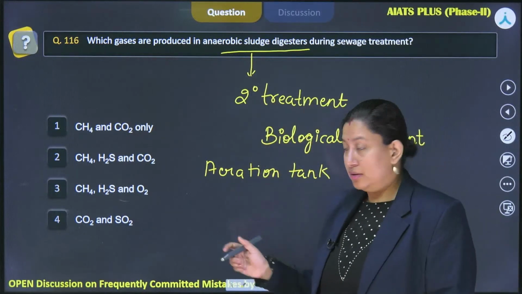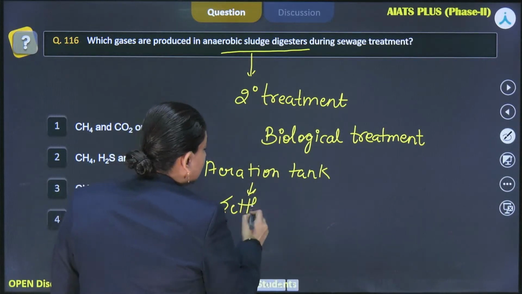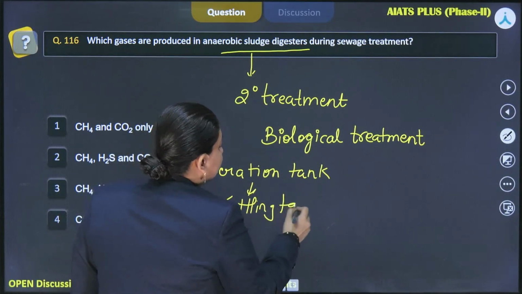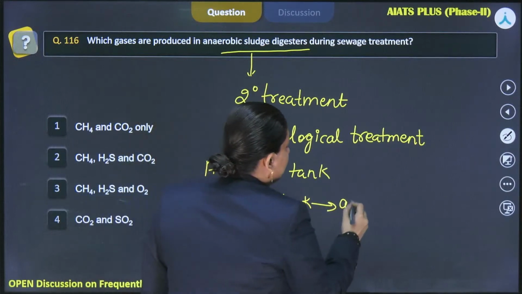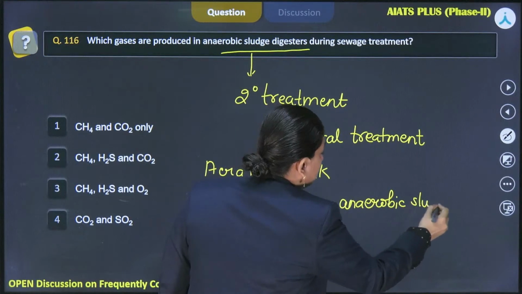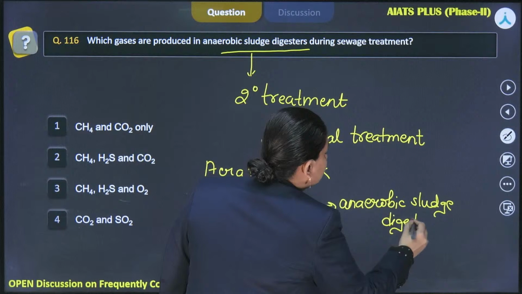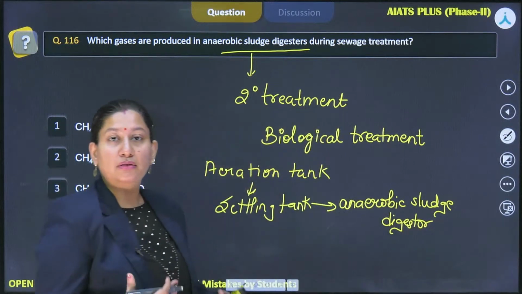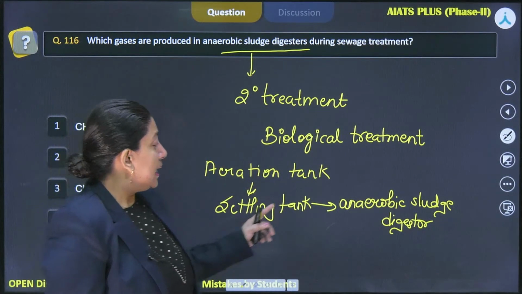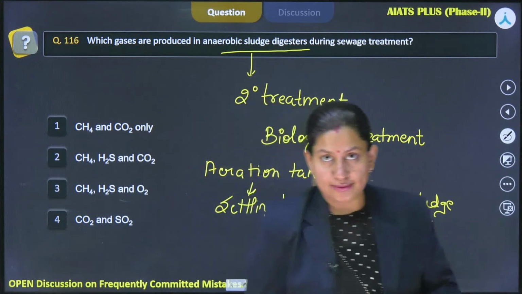Then further, it goes to the settling tank to remove the debris, and finally it goes to an anaerobic sludge digester. Over here the anaerobic microbes are going to perform the digestion further, and a major section of them are methanogens, right?